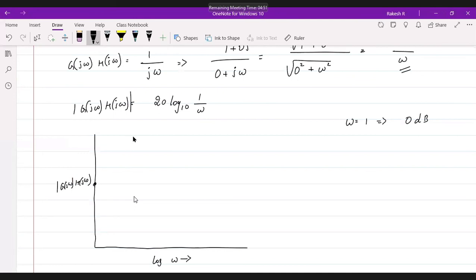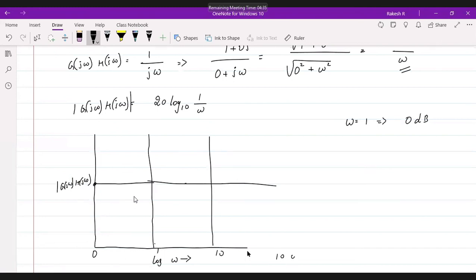Now I shall divide that in terms of decibels. This is the 0 dB line. Then 1, 10, 100, 1000 here. Let us assume this is 20 dB and this is 40 dB here.